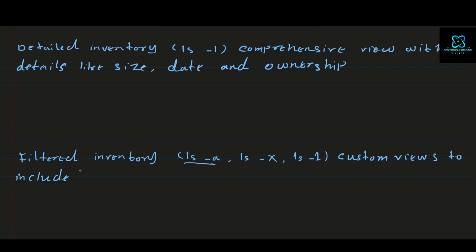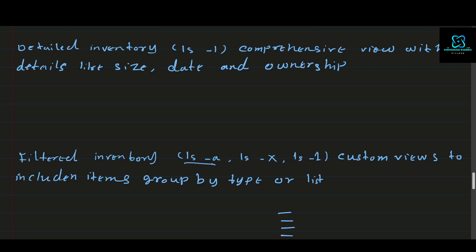Okay, so include hidden items, or you want to group the items based on their types, group by type of the item, or you want to see the list with each item per line like this.